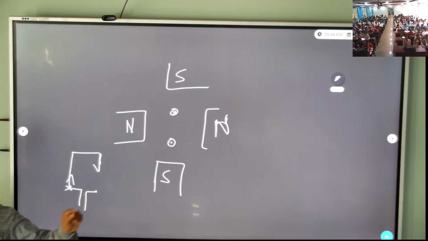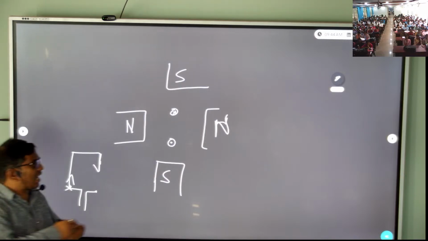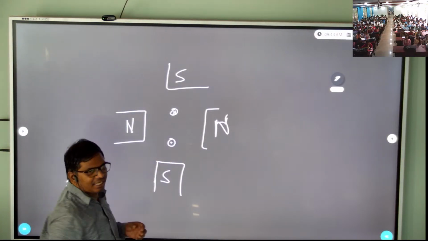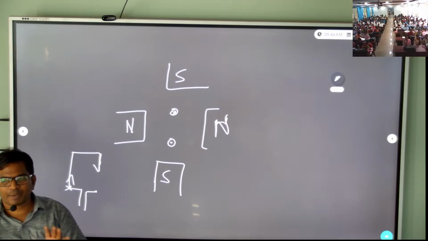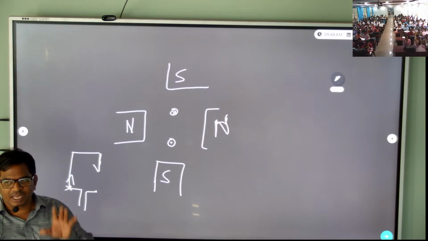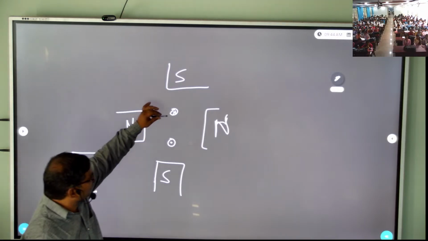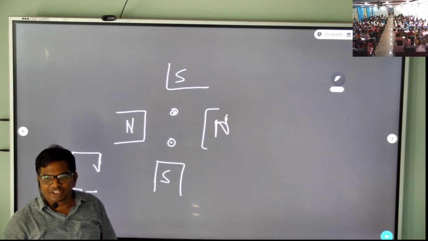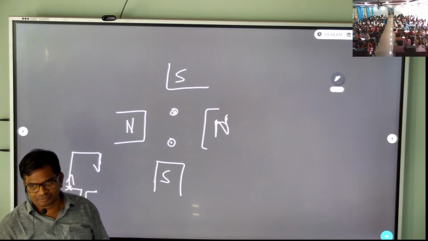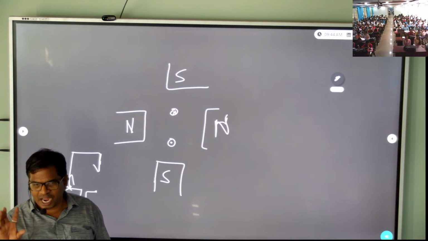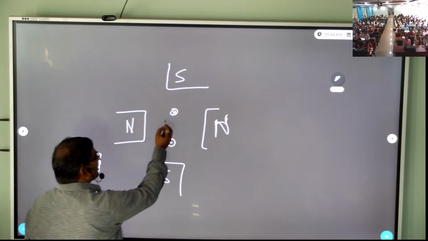Because we are switching on, and the current will pass through the total winding. So the statement is, a current carrying conductor placed in a magnetic field experiences a force. It starts rotating, so it experiences a force.